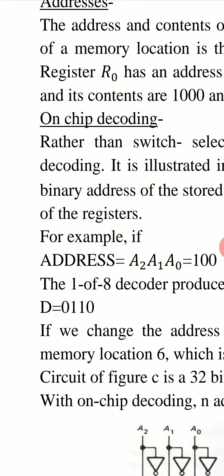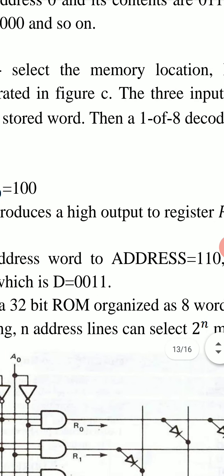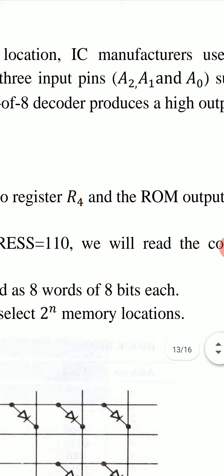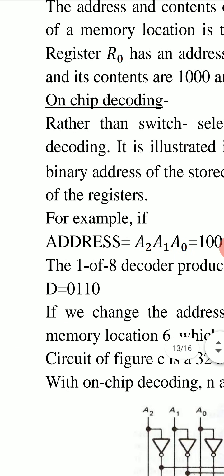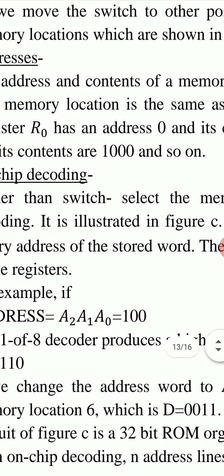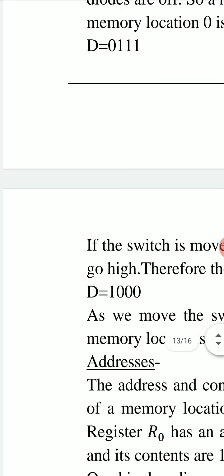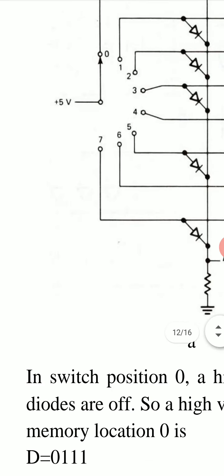On-chip decoding. Rather than a switch to select the memory location, IC manufacturers use on-chip decoding. It is illustrated in figure C. In this figure, we have used this switch. The switch is connected to 0, 1, 2, 3 and so on.